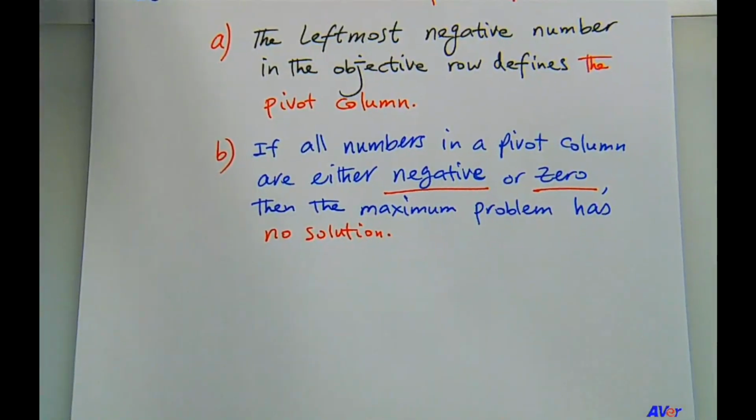Okay? If that's the case, so you identify the leftmost negative number in the objective row, which is at the bottom of the tableau. That number defines where the pivot column is. Then you look in that pivot column. If all the numbers are either 0 or negative, then the maximum problem has no solution, and you stop right there.